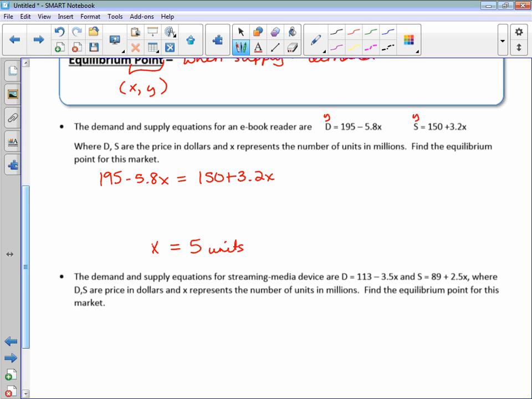Everybody there? Okay. Now if we're talking about equilibrium point, remember I said you need an X and a Y. So we've got our X. We need to find our Y. How are you going to find Y? Plug it in. Does it matter if you use demand or supply? No, you just set them equal to each other, so they're equivalent. So I do not care which one you plug it into.